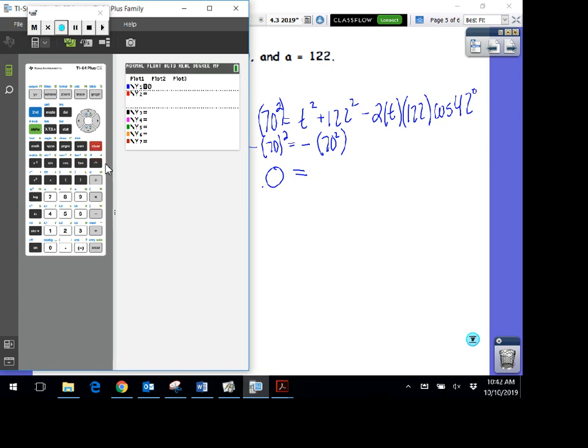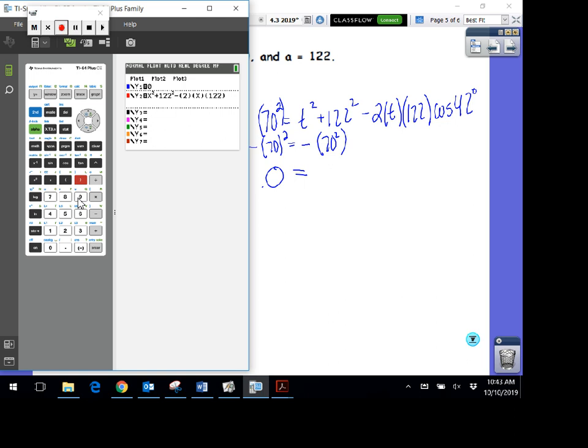So I'm going to clear that out. And I'm going to say x squared plus 122 squared minus 2 times x. Again, I don't have to have those parentheses. 122. Don't use a negative sign. Minus, okay, minus means subtract.